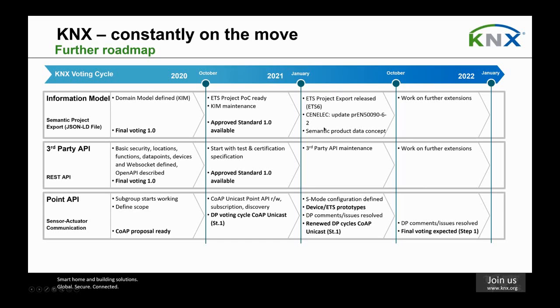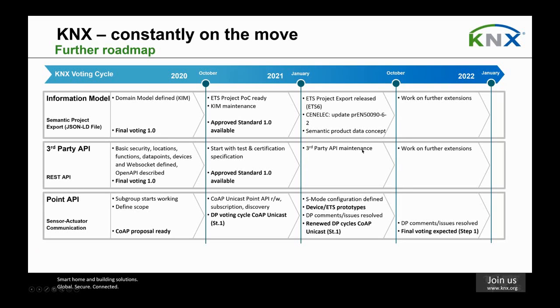For the information model, we want to continue working on improving the semantics and improving the export possibilities from the ETS. Of course, we will have to do some maintenance on the API. This is unavoidable because of, for instance, defining the certification tests.